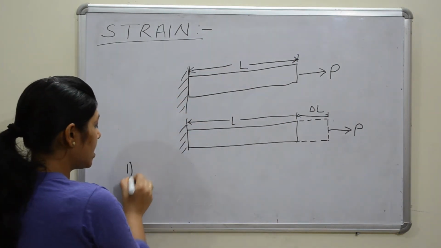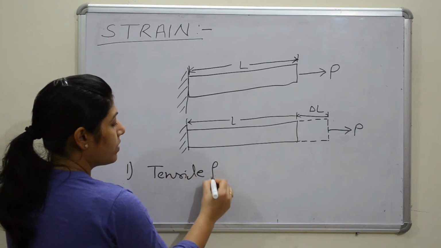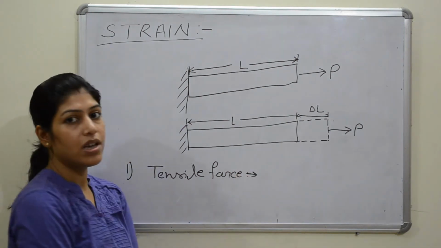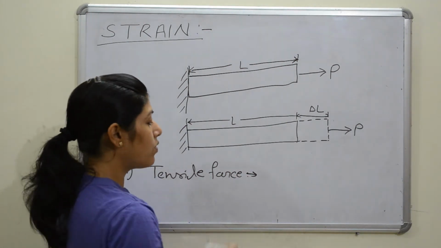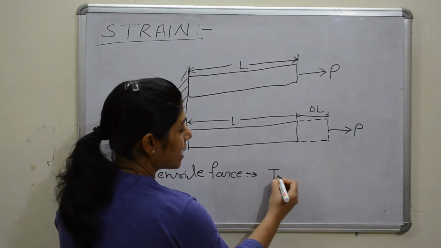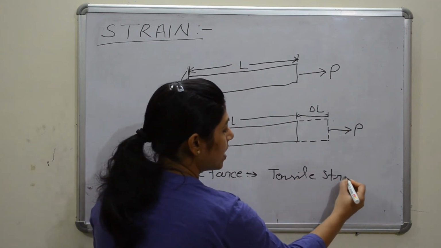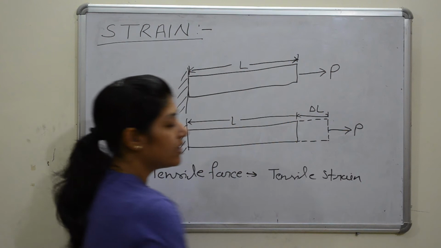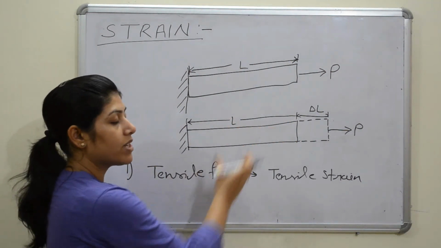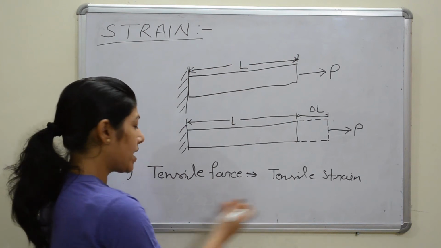If we apply tensile force on a prismatic bar or any kind of material, the strain developed in that material will be a tensile strain, because it will elongate the material.